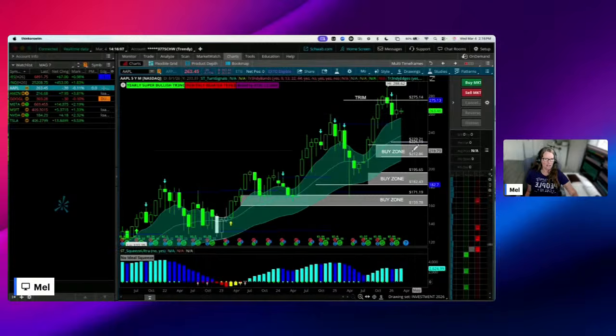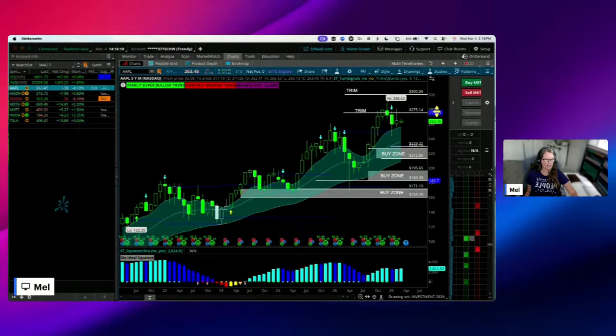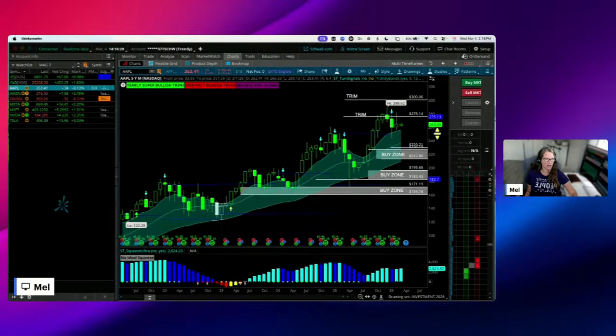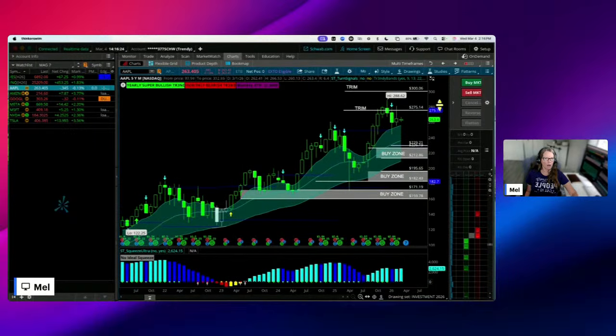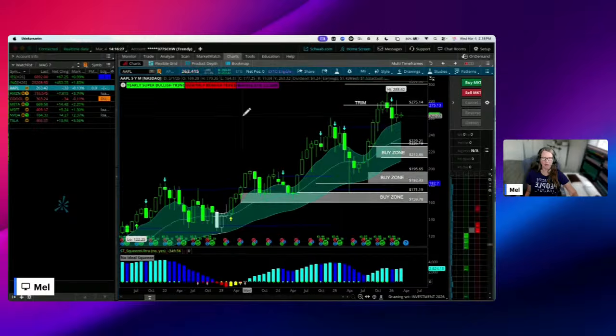All right, so that's my buy zones. As far as sell zones, or where I'm looking to trim equity on Apple in 2026, it is 275 and then 300 and 331 are the trim levels up there for Apple.